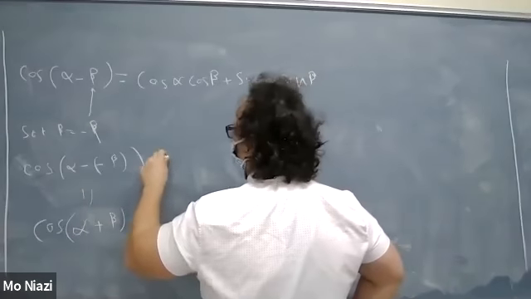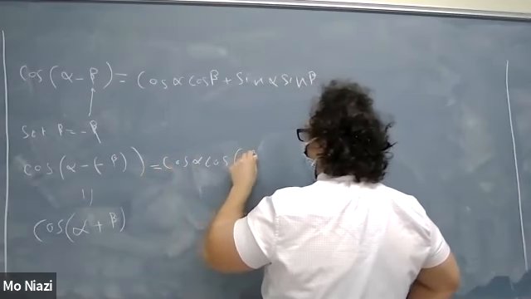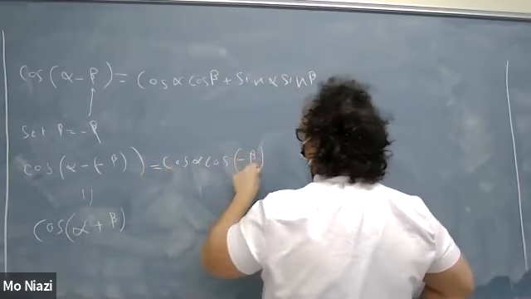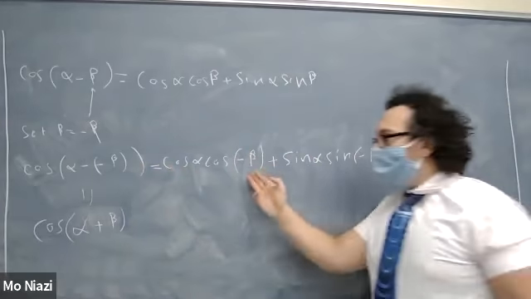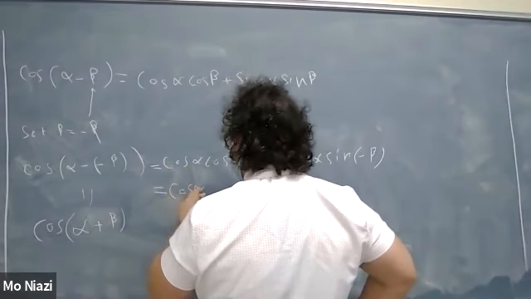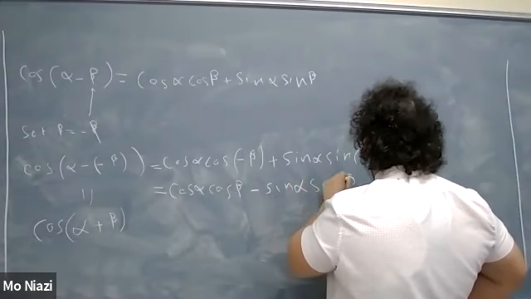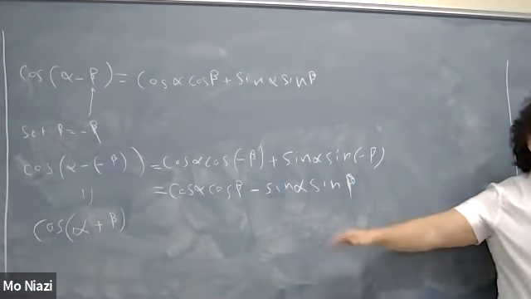So that's equal to cosine of alpha cosine of negative beta plus sine alpha sine of negative beta. And then we use the even property of cosine to make the negative and the beta go away, and we use the odd property of sine to have that minus sign appear on the front. So cosine of alpha plus beta is this.